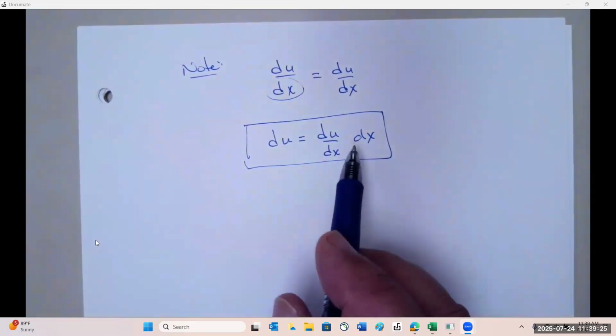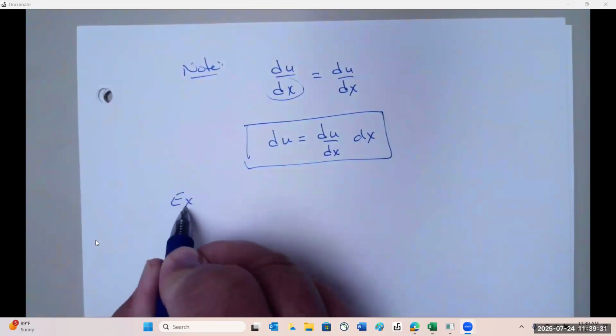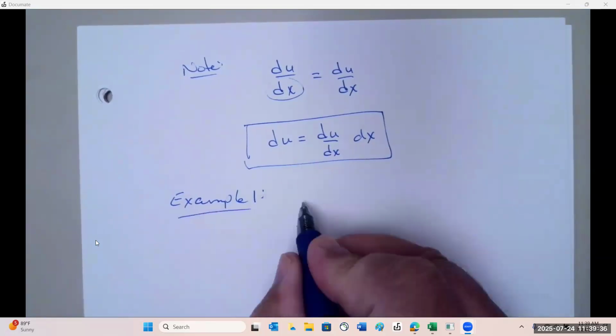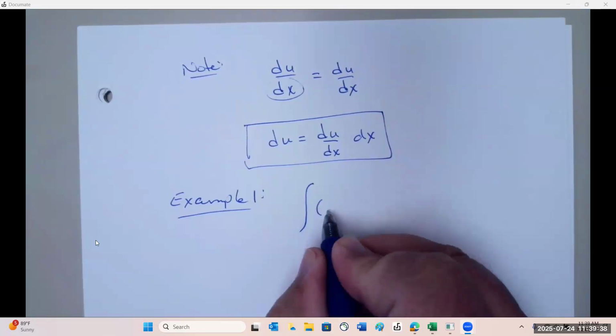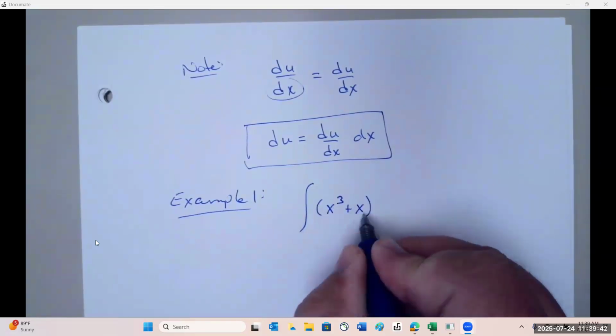This will become more important in a second. We'll do the example. Remember, we're using the substitution rule also.